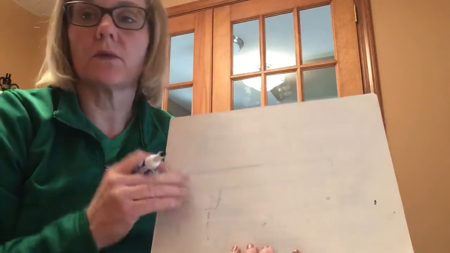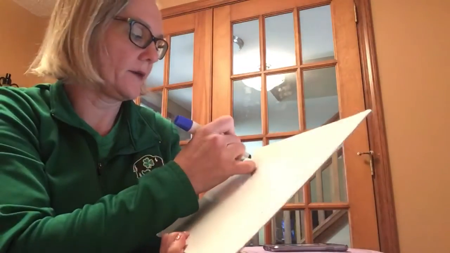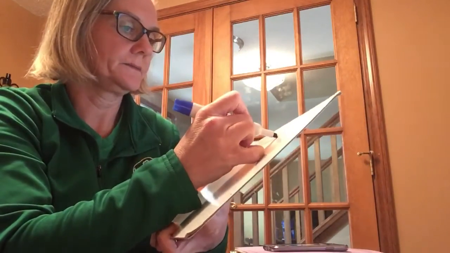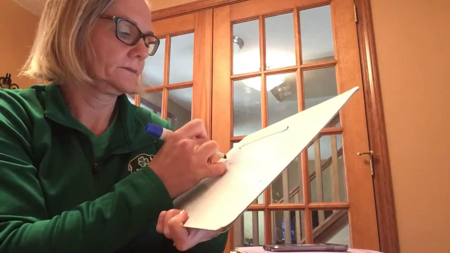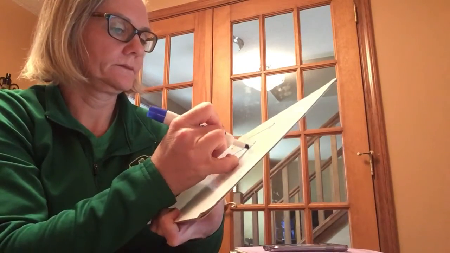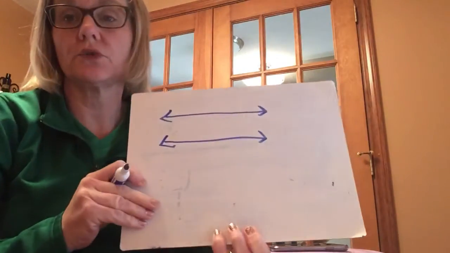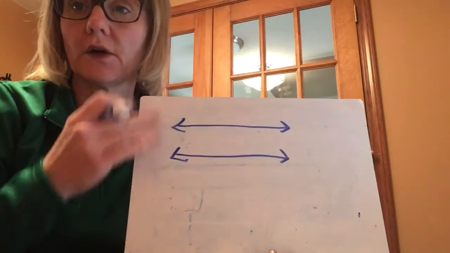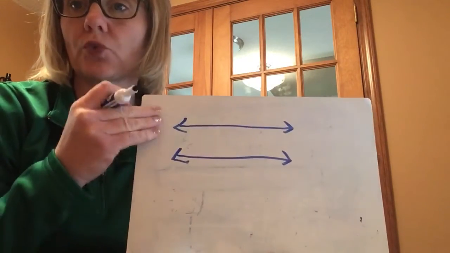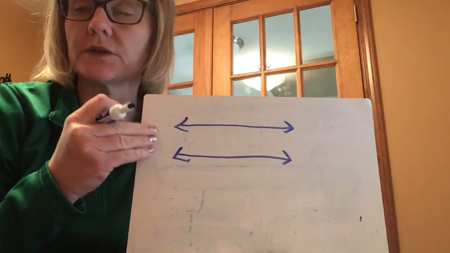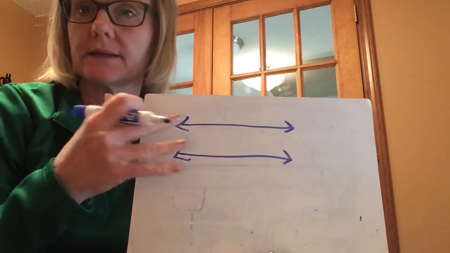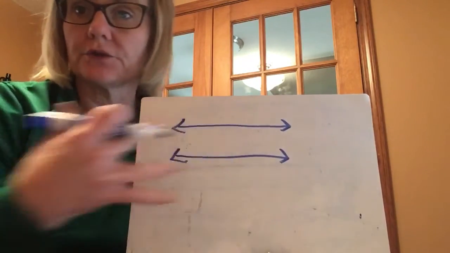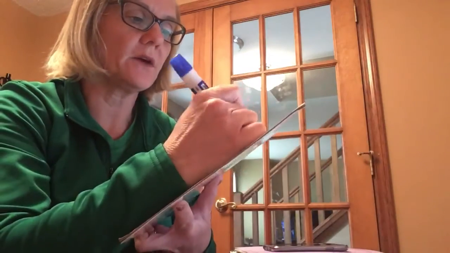All right, another type of lines that we're going to run into are these lines. And these are two lines that are together, one on top of the other one. Think of railroad tracks. When you see railroad tracks, the two lines continue in either direction. These are called parallel lines.